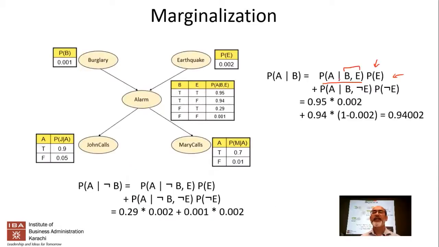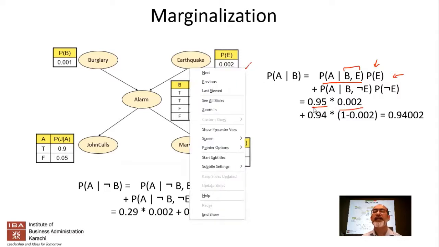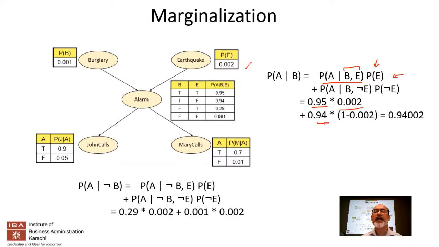We're going to take these probabilities and we're going to sum over the possible probabilities of E. Okay, so what are the two conditions? We need to sum over probability of A given B comma E, and this is 0.95 over here. Okay, multiplied by the probability of E, which is 0.002, and then we multiplied by the probability 0.94 over here.